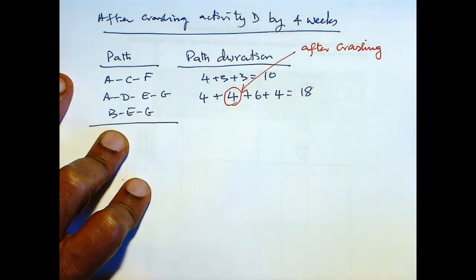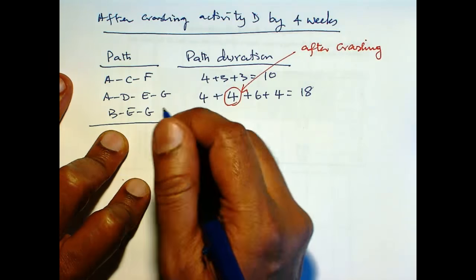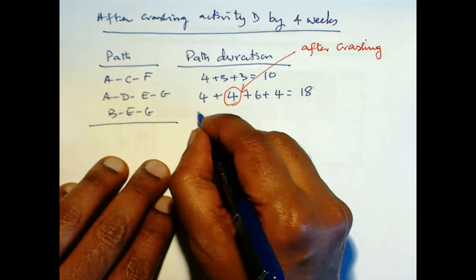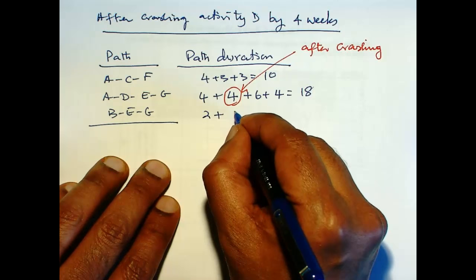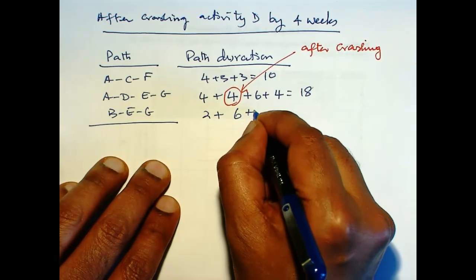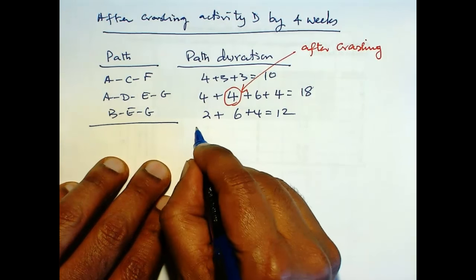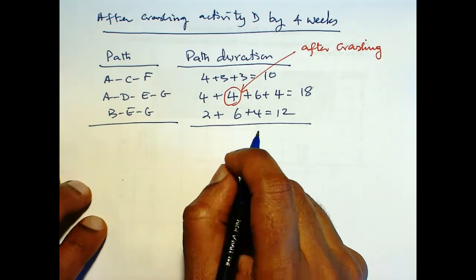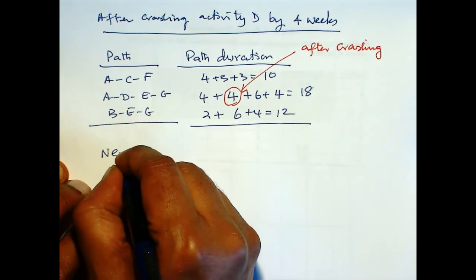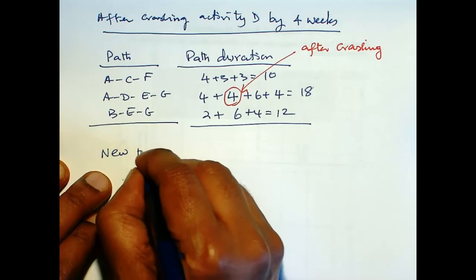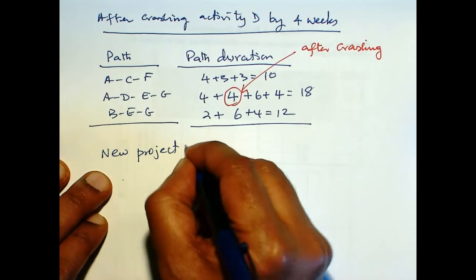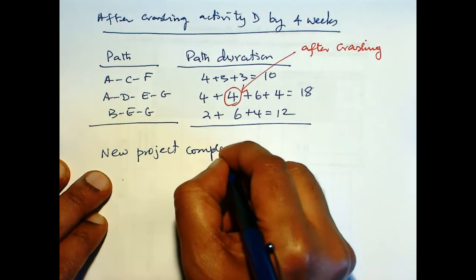And BEG, there is no change: 2 plus 6 plus 4 equal to 12. So the new project completion time is 18 weeks.